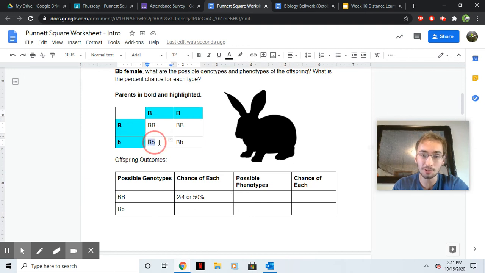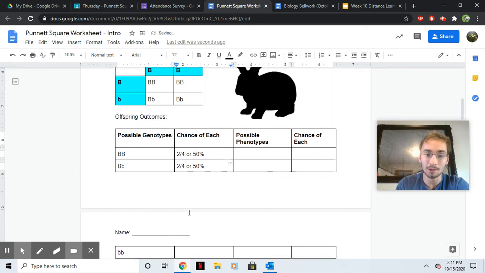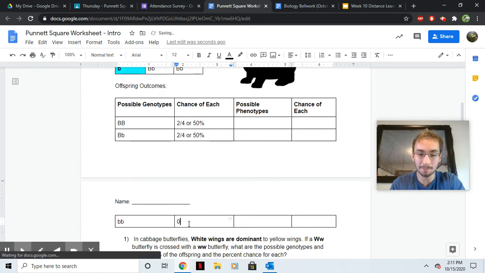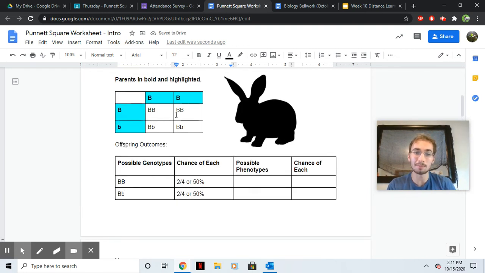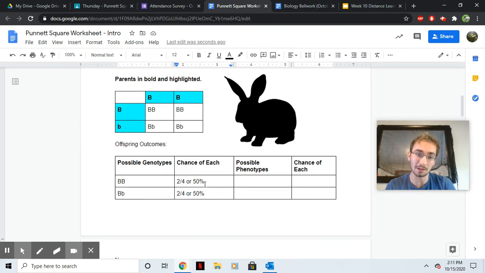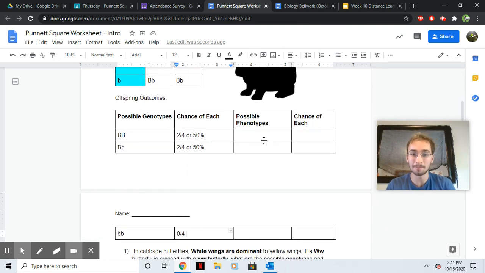The other 50%, or 2 out of 4 of the kids, have one big B, one little b. You're figuring out how many of each genotype the kids will have. The kid could either have 2 big B's or 1 big B, 1 small b. There's no little b little b here, so that would be 0 out of 4.